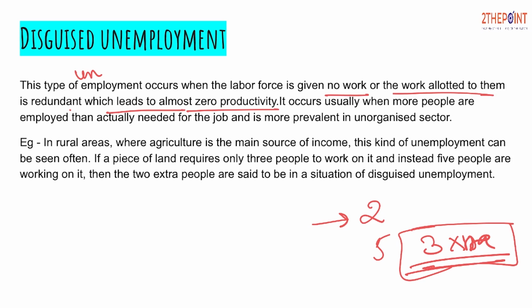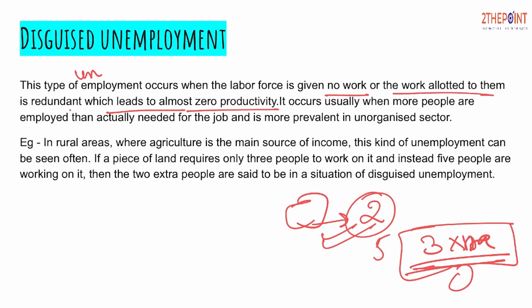As you can see here, this piece of work can be done by these 2 people. Now if I add 3 more people, they are not adding to the productivity, because this work can actually be done by these 2 people only. Now if I see the productivity of these 3 people, it is almost zero. So this is disguised unemployment.